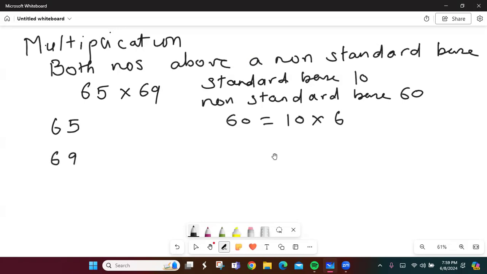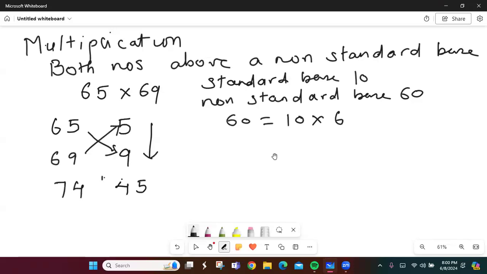Now 65, since the non-standard base is 60, 65 is 5 above 60, and 69 is 9 above 60. So multiply these two, that gives 45. And if I cross add 69 plus 5 or 65 plus 9, both will give me 74.